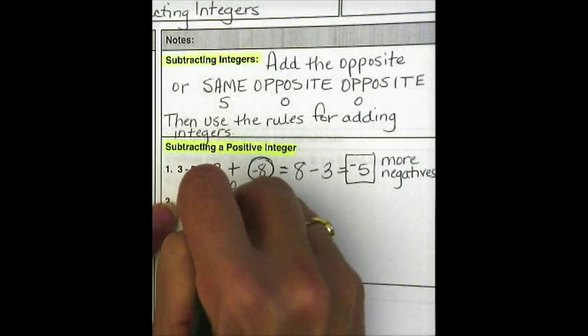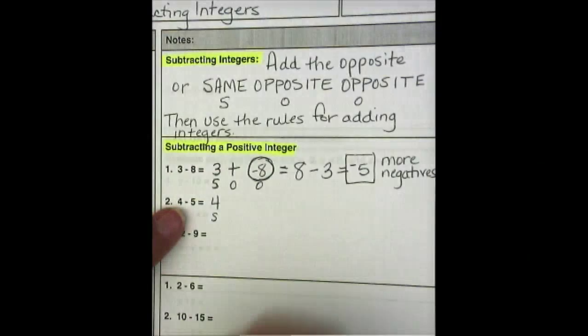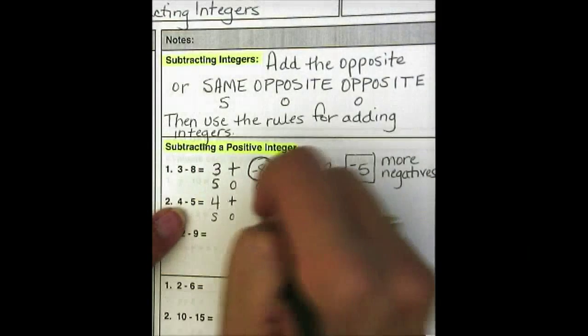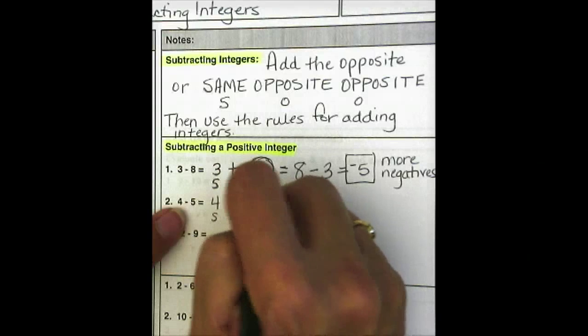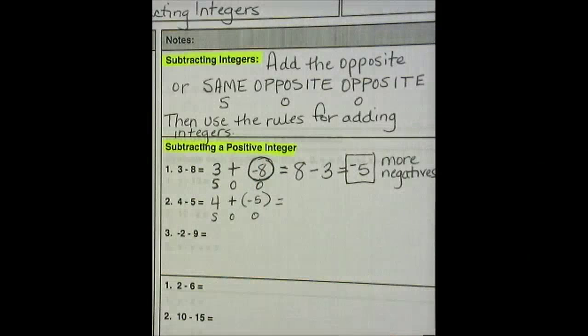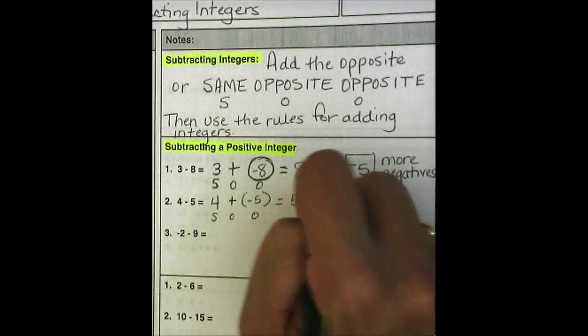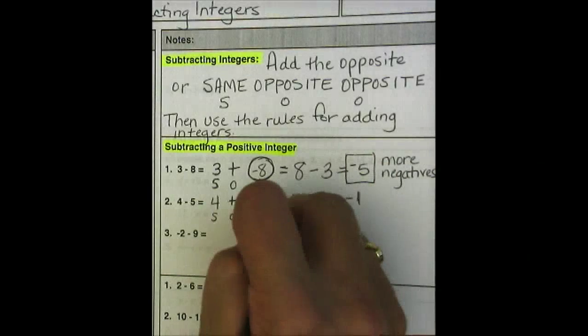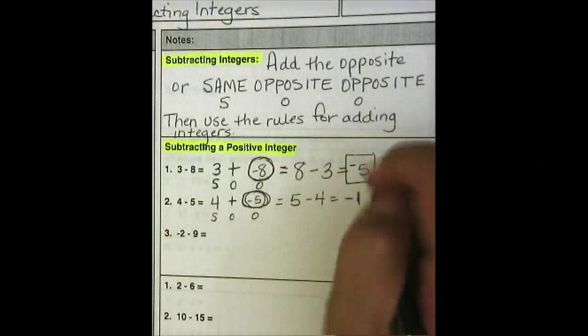We're going to have same, the 4 stays the same, subtraction changes to addition, so that's our first opposite, and the 5 changes to a -5. That's our second opposite. Hopefully at this point, some of you are starting to see that that's going to be -1. But if not, you're going to take 5 minus 4 equals -1 because we had more negatives.